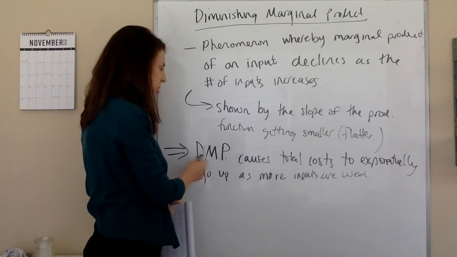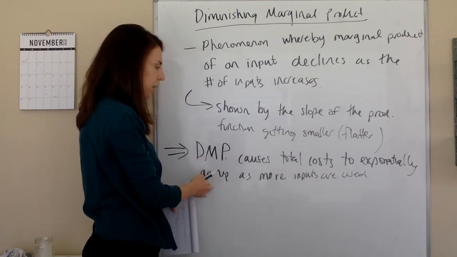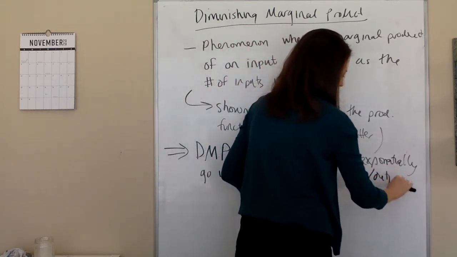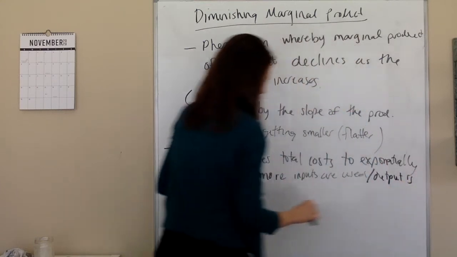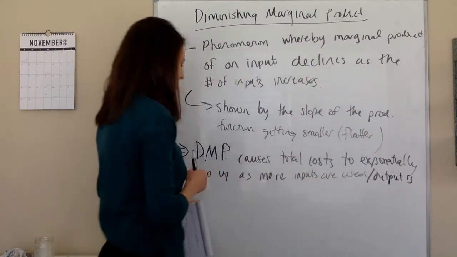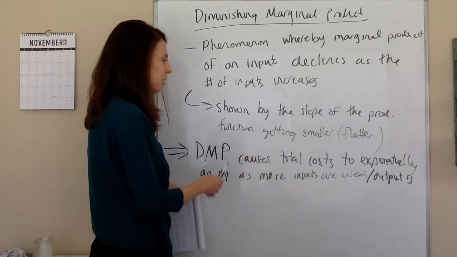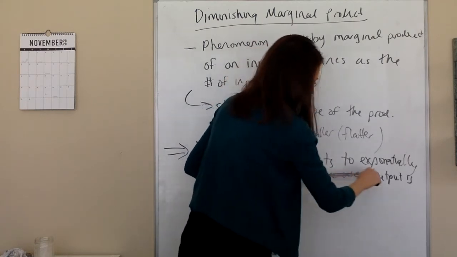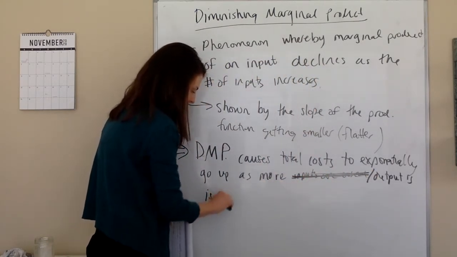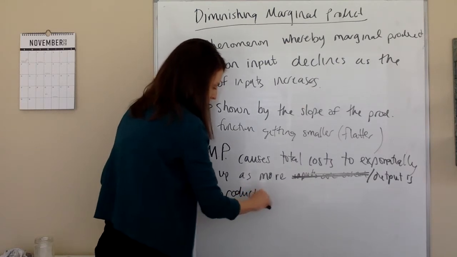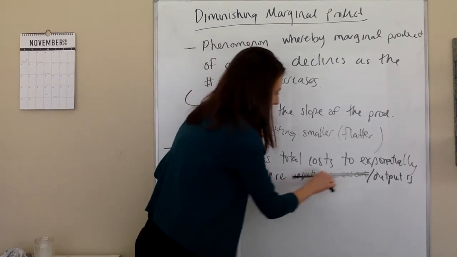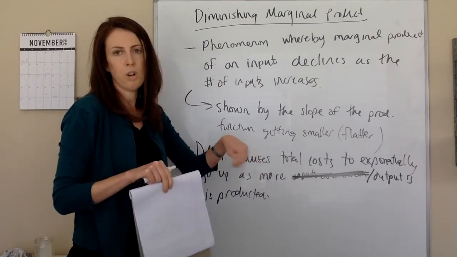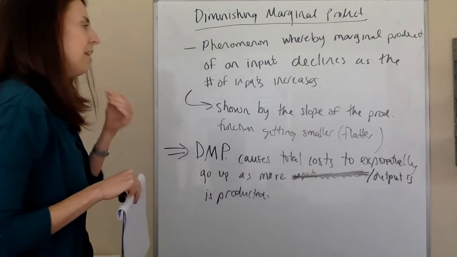So another way of saying this is, actually, let me restate this. Diminishing marginal product causes total cost to exponentially go up as more output is produced. Sorry about that. Hopefully you wrote in pencil, otherwise you can scratch like me. And the reason for that is because each additional input is kind of giving the firm less bang for their buck in terms of the amount it adds to the total production.